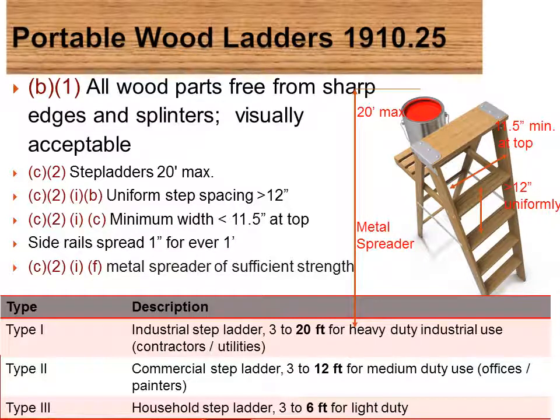Uniformity between the steps of 12 inches, and have at least a minimum of 11.5 inches at the top. So they're usually A-shaped both on the side and frontal view, and the maximum height for a stepladder is 20 feet.